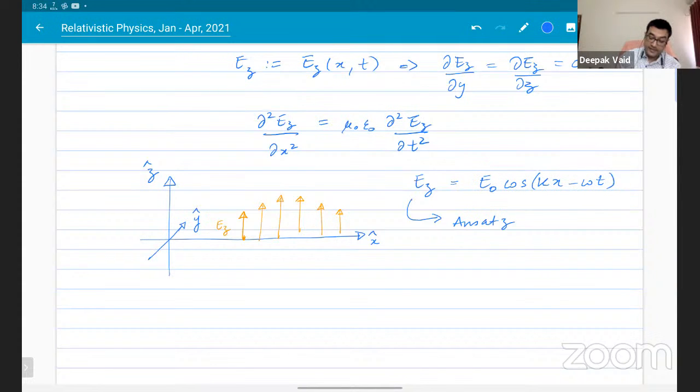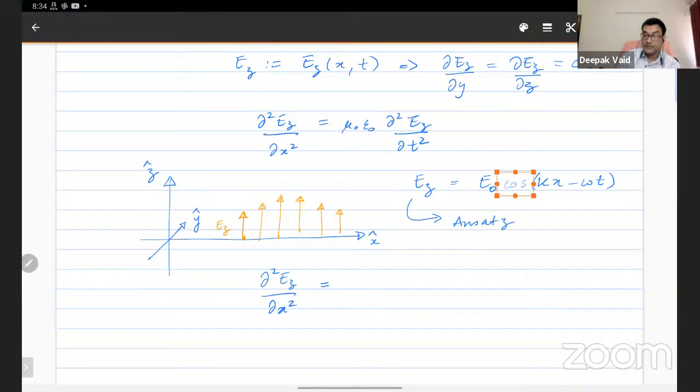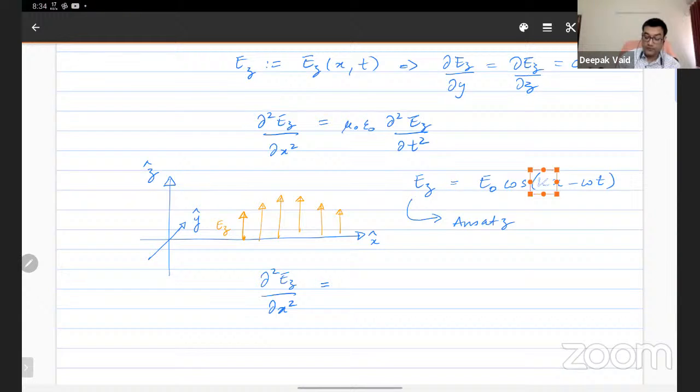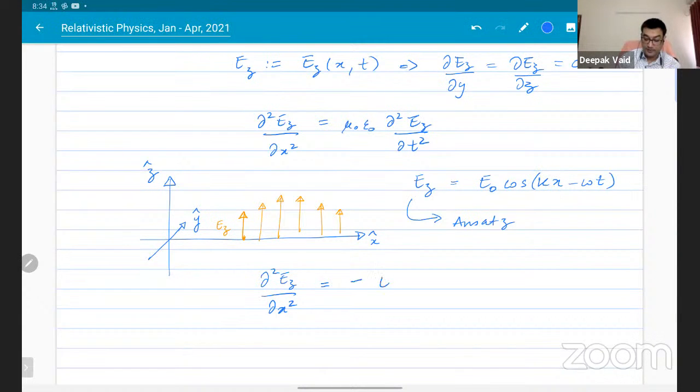When I take the second derivative of this with respect to the position x, what will I get? Cosine gives you minus sine gives you minus cosine, right? And you get two copies of k outside. So you get minus E naught k squared cosine of kx minus omega t.